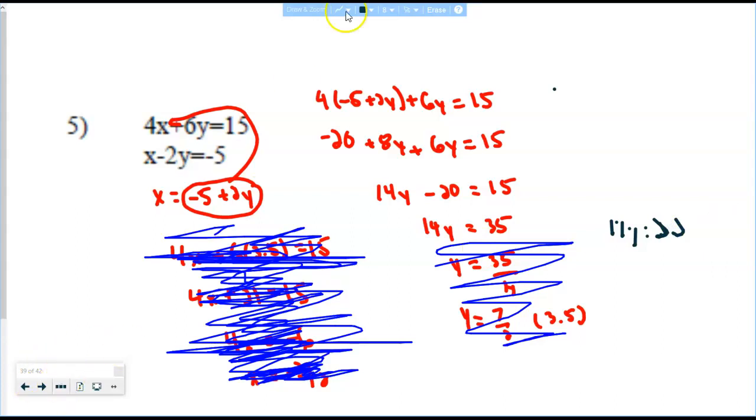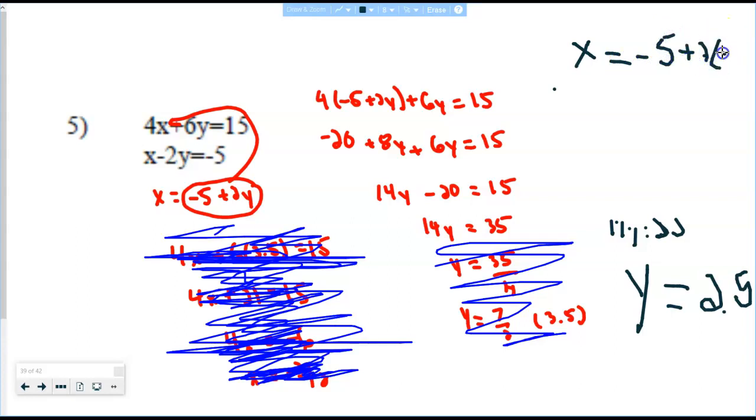You would get y to be 2.5. Okay. All right, so now you just want to plug it into this next one. So you got x equals negative 5 plus 2 times 2.5. And you guys would get x equals negative 5 plus 5, which is 0.